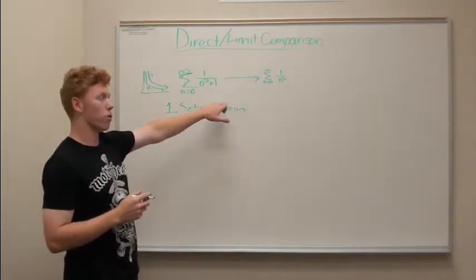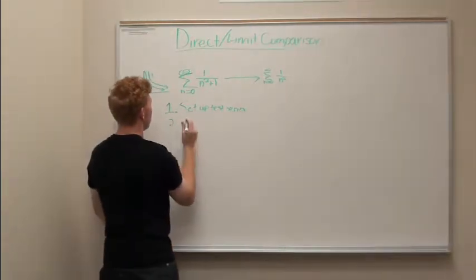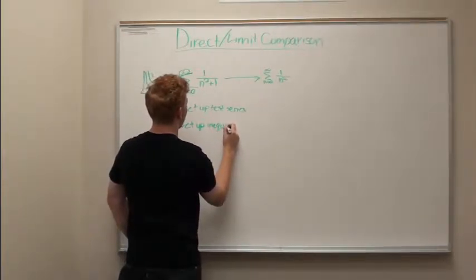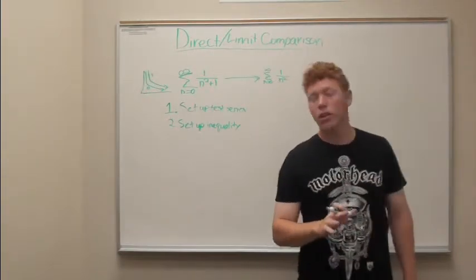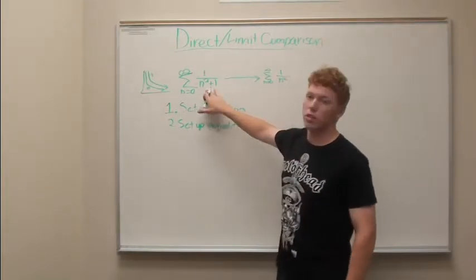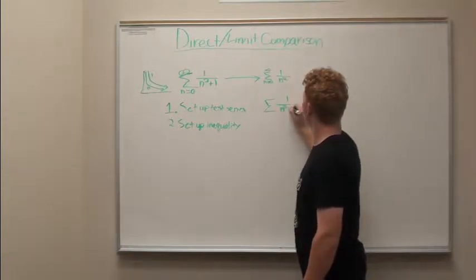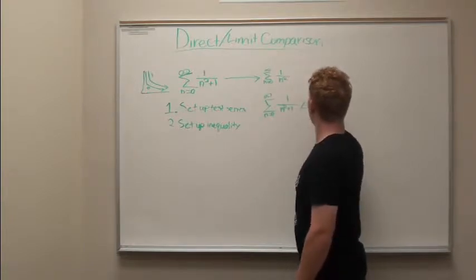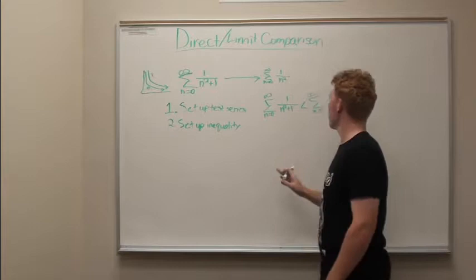Now, back to the first example. You've chosen your test series. Now what you must do is set up the inequality. Now, for testing convergence, like I said, this one is larger than this one. So, alright, that's step 2.